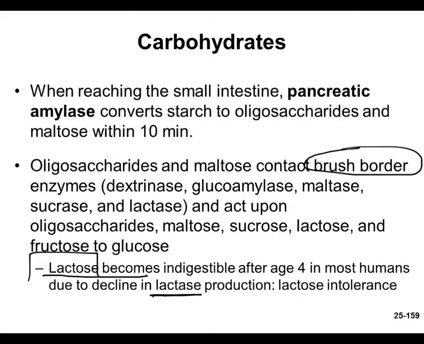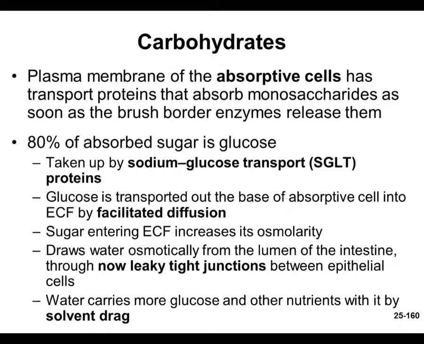So people who are lactose intolerant will complain about gas and some issues following consumption of lactose. So the person takes a Lactaid, basically a pill that has lactase in it that breaks down the lactose for them.